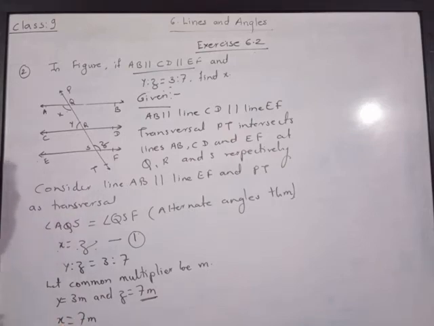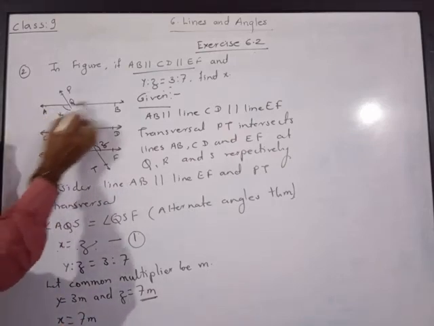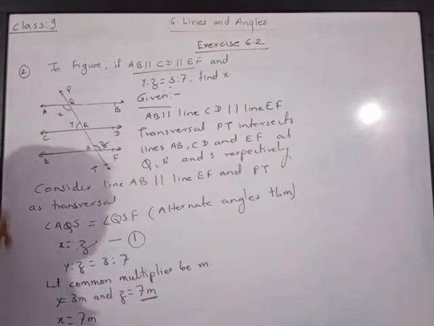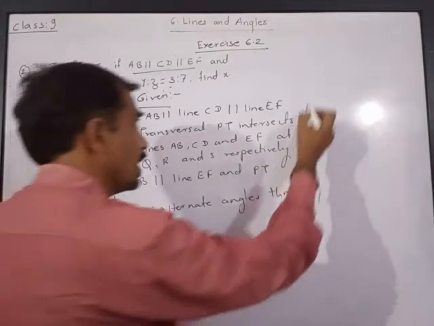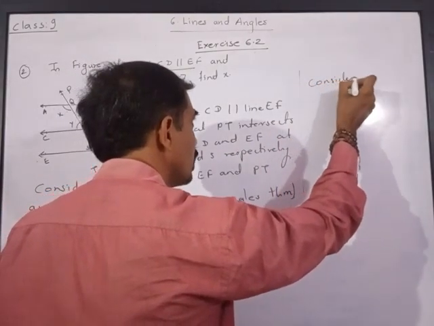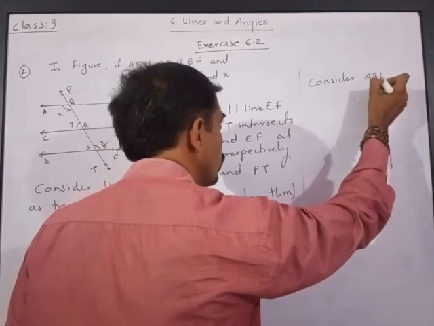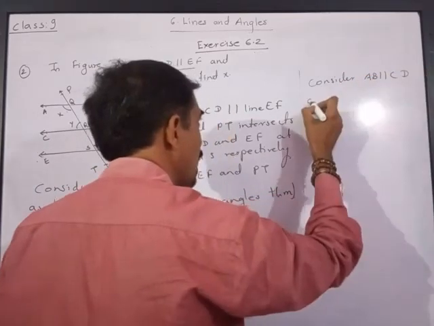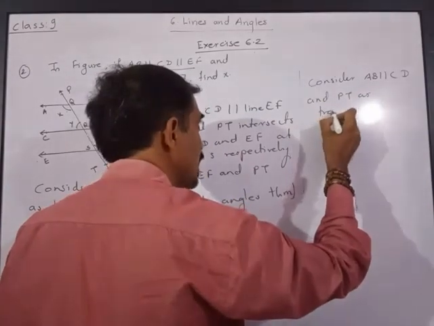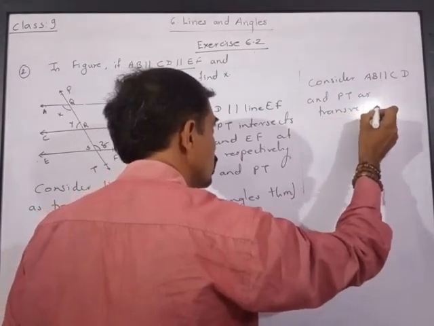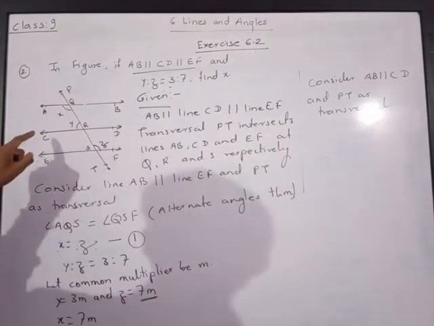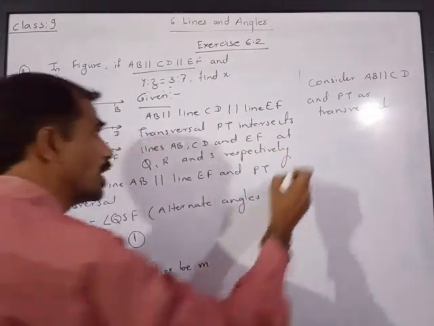Now look at the figure. AB and CD are parallel, and x and y form the interior angles. Now consider AB parallel to CD and PT as transversal. So you will get angle AQR plus angle QRC is equal to 180 degrees.